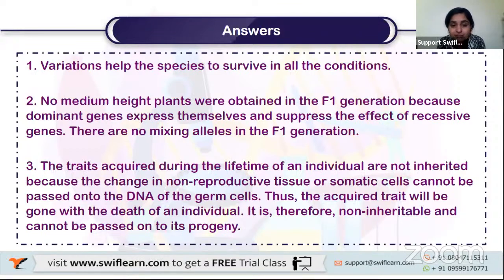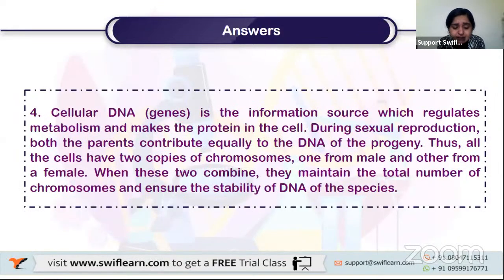Now, question number 4, how does the mechanism of heredity work? Of course, we all know that we have DNA, right? We are getting genes from our different generations. Cellular DNA genes is the information source which regulates metabolism and makes the protein in the cell.